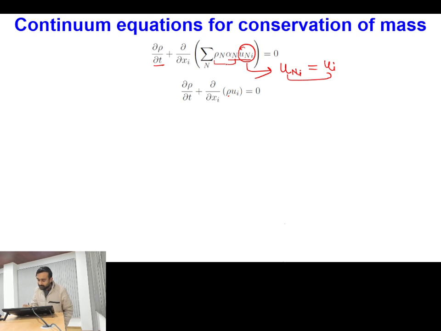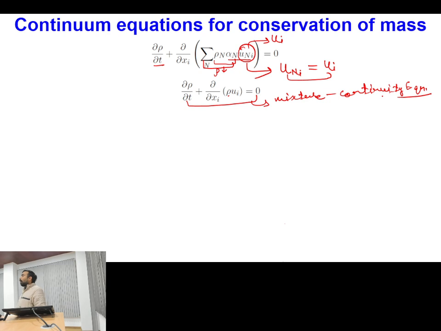So, that is why I can write this as mixture density rho, and UNI I can simply replace with UI. Then I will be getting this equation, and this equation is nothing but my mixture continuity equation. Are all clear with this idea?